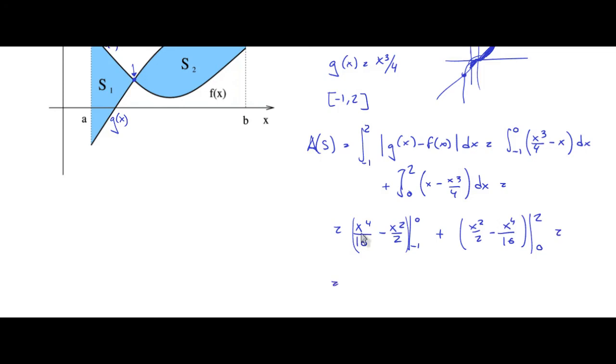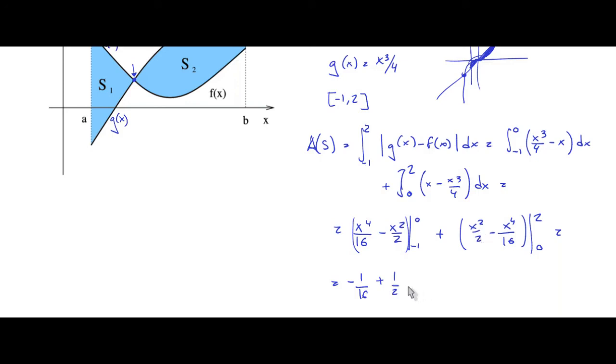At 0 this is 0, and then at minus 1 we have 1 to the 4 over 16, so this is minus 1 over 16, sorry, and then plus 1/2.